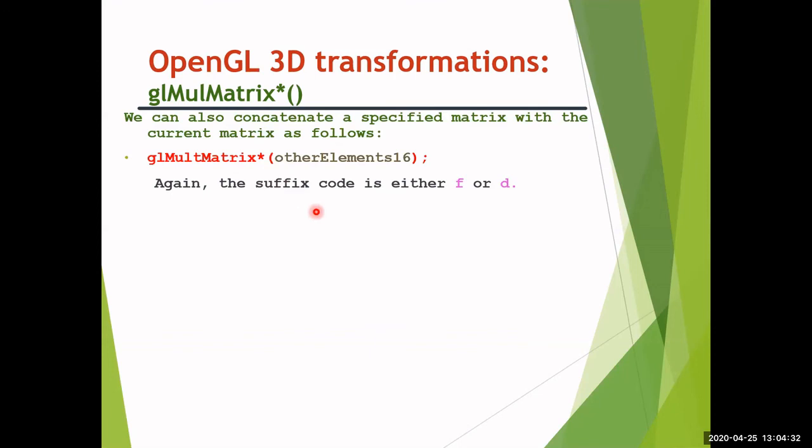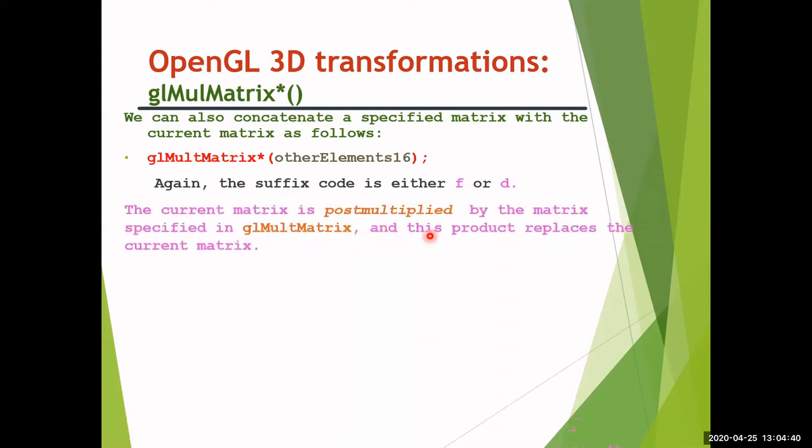Again, the suffix code is either F or D. The current matrix is post multiplied by the matrix specified in mult matrix, and this product replaces the current matrix.